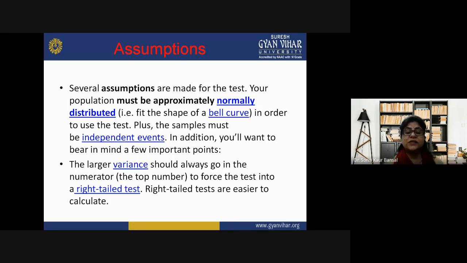Right tail tests are easier to calculate. Yes, one more important MCQ or question comes for NET examination aspirants, that which tests are easier to calculate. So the correct answer is right tail, not left. When the distribution is going towards the right side, it is easier to calculate for the researcher. So the larger variance should always go in the numerator, the top number, and the bottom number would be the smaller one. So these are the assumptions when we do the F-test.